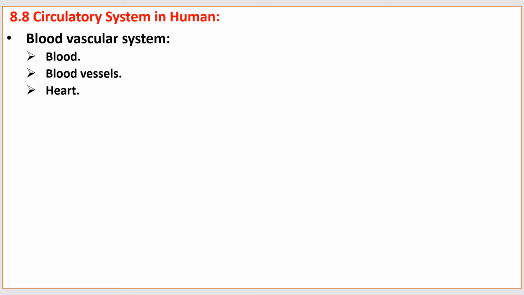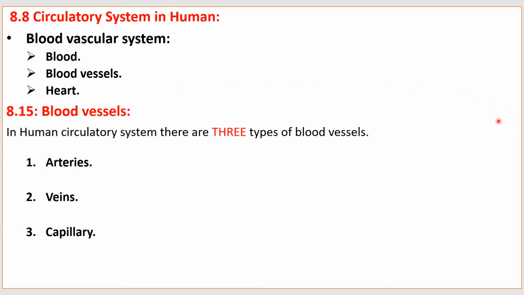Circulatory system in human. The human circulatory system or blood vascular system consists of mainly these parts, that is blood vessels and heart. First of all, we will see blood vessels. Last time we have seen blood.